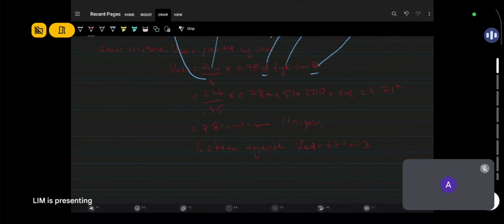So our shear link has a resistance of 781, and the shear force at D is only 640. Does it work or not? Yes or no? This 640 is what we have to carry. 781 is actually what we have, the strength.